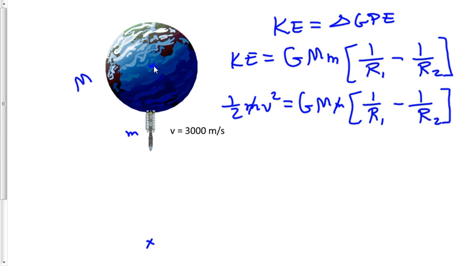Now R1 will be the distance from the center to the beginning location of the rocket, and R2 will be from the center to the final location here.